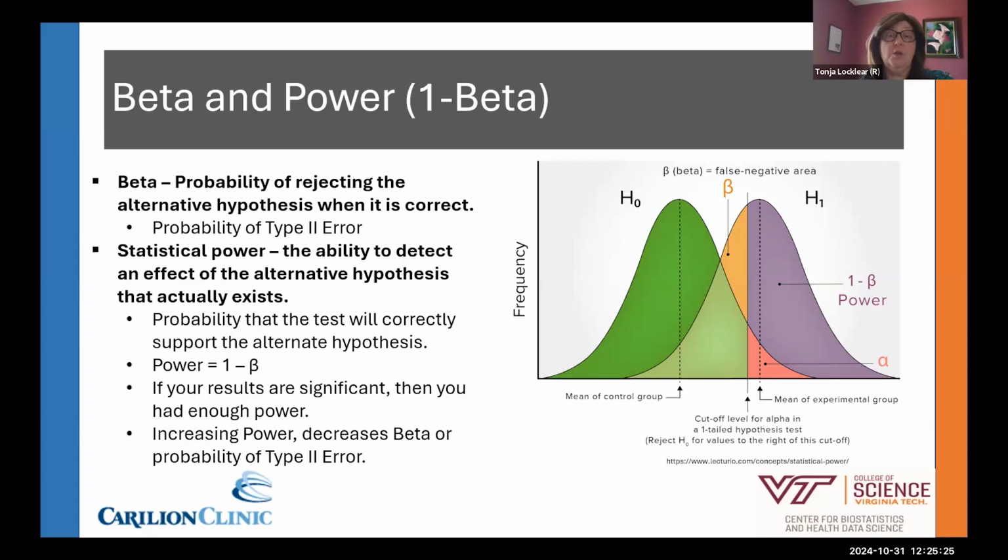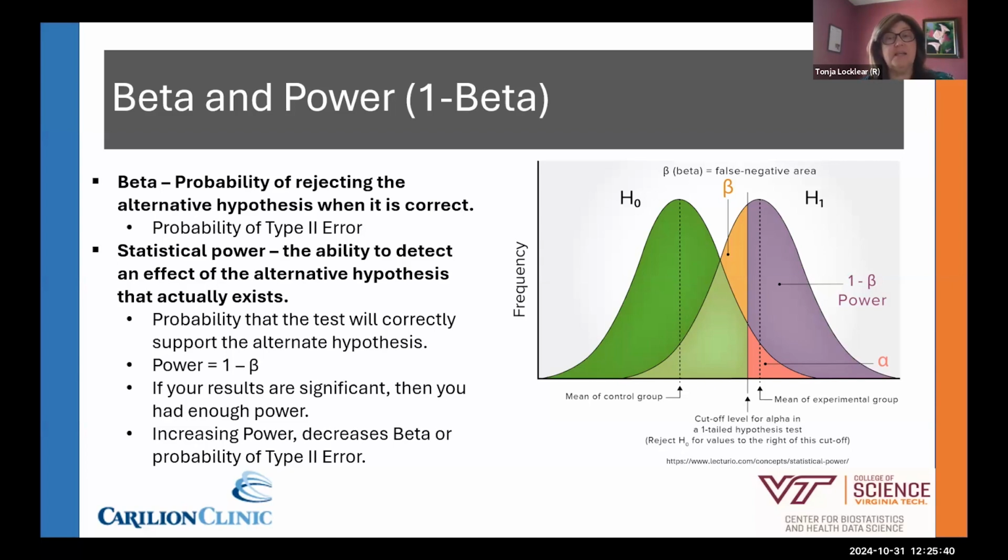If that null value, the mean, is 1.8%, for example, the distance between these is going to be so small that we have to have so much more sample size to be able to find that difference.